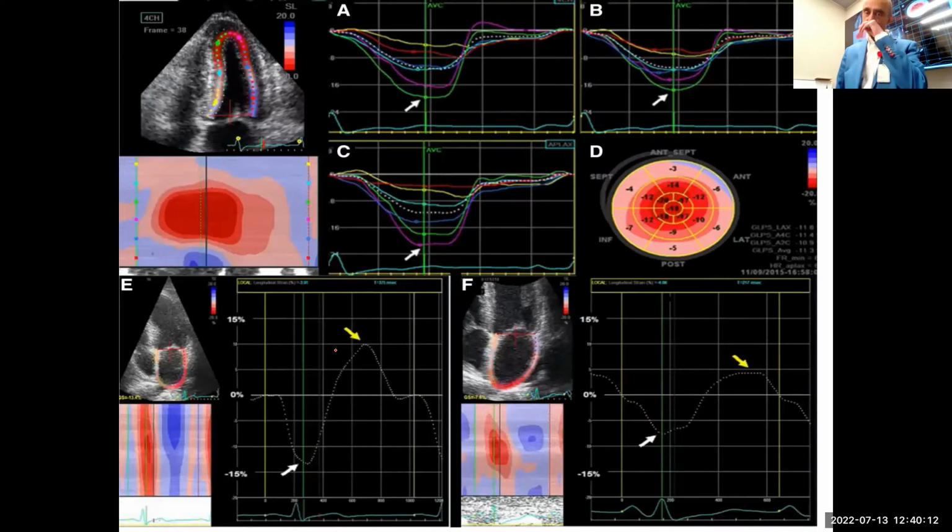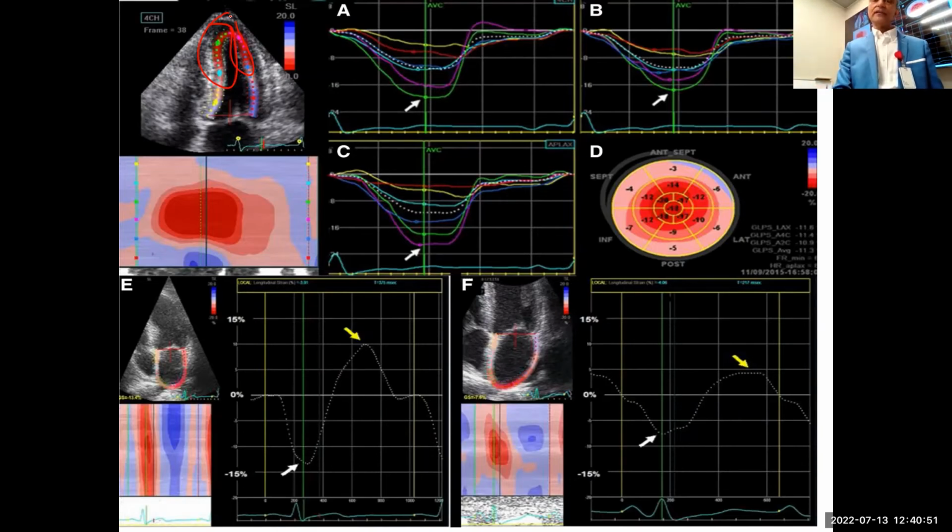So this is the global longitudinal strain picture that's now been felt to be relatively pathognomonic for cardiac amyloid. What that means is the heart muscle becomes dysfunctional because of this abnormal protein deposition, but for some reason the apex of the heart is spared, so you get what's called an apical sparing or cherry on top pattern, where the rest of the mid-ventricle and the basal ventricle seems to have a lot more effects from this abnormal protein deposition, starts to become more dysfunctional, whereas the apex is spared.